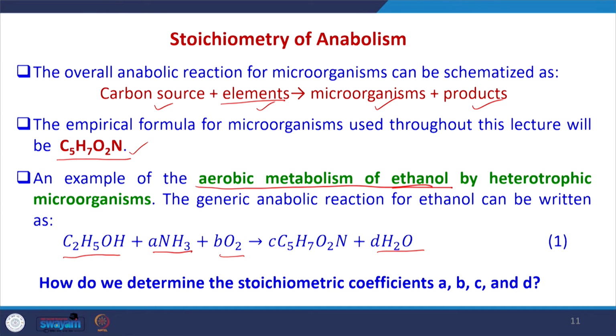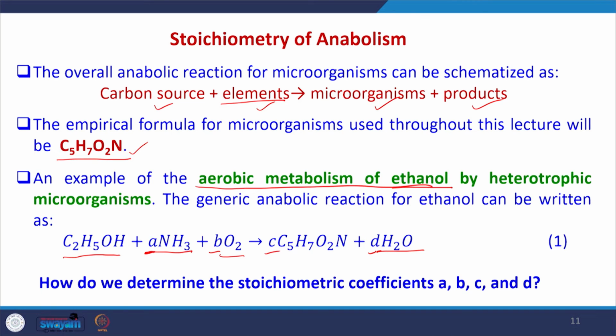Now, in this reaction, the stoichiometric coefficients are written as A, B, C and D, and these values are known. So, how do we determine the stoichiometric coefficients A, B, C and D? For this I will suggest that you go back and study the class 11, 12th or graduation level courses, where it is described how to make balances with respect to stoichiometric coefficient equations.